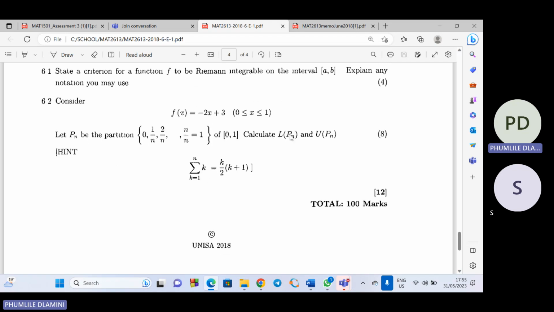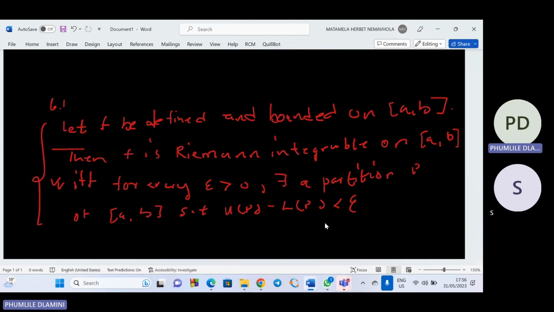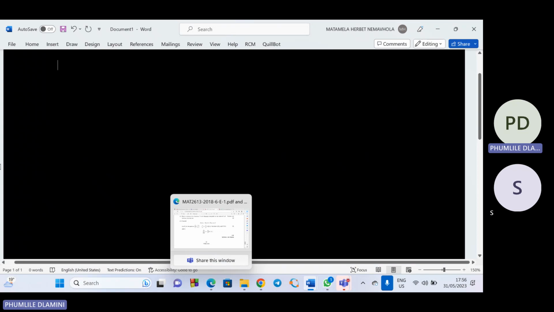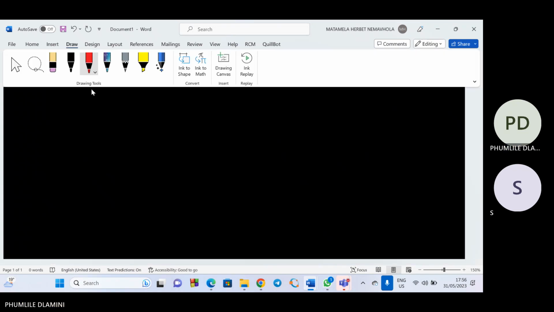So now we have to calculate L(P) and U(P). When we do that, it's very simple. We use all the basics, all the rules that we have been doing. The first thing is that we were given a P. We can let P equal 0, 1 over n, 2 over n, up to 1.